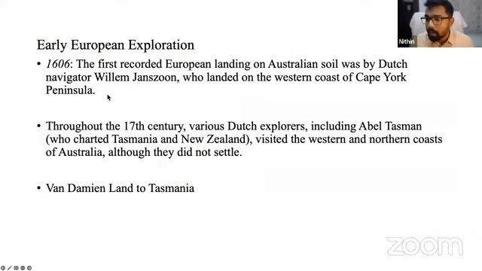So as ma'am said, in 1778, the penal colony began in Australia. Before that, in the 1600s, the Dutch came to Australia. They landed on the western coast, but they saw that there's nothing much to do here, so they went back. What forced the British specifically to come to Australia was the American Revolution in 1776.